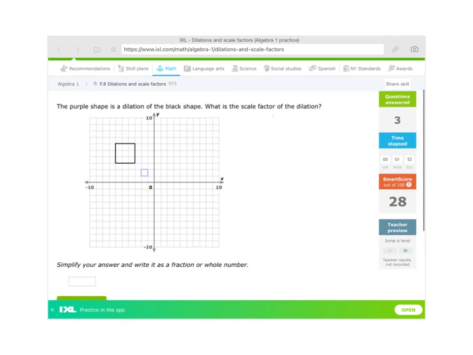Let's try this. The purple shape is a dilation of the black shape. What is the scale factor? So here, these are 3, and even these are 3. And then they become 1 and 1. So the purple shape over the black shape.